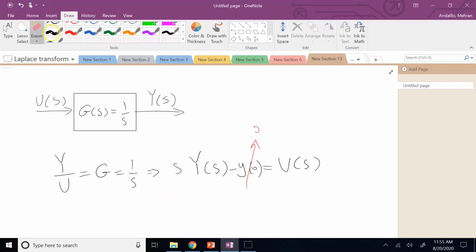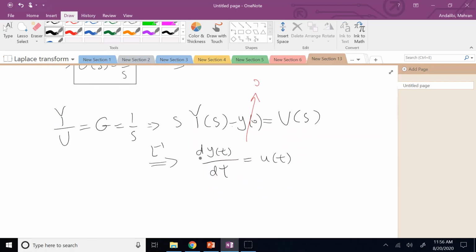So now if you take inverse Laplace, this is going to be what? Y dot, correct? dy of t over dt, and this is going to be u of t. So derivative of y is u, therefore y itself is integral of u(t) dt.